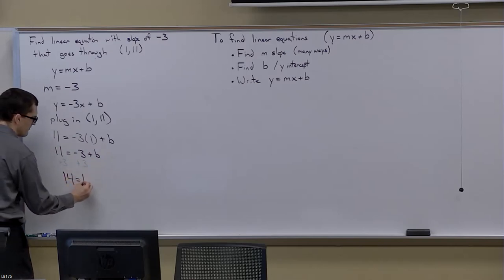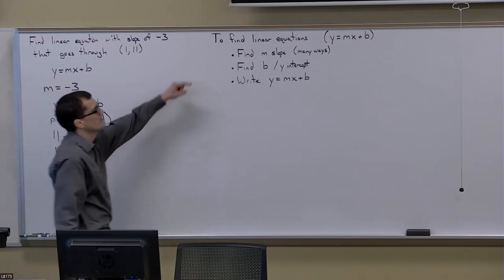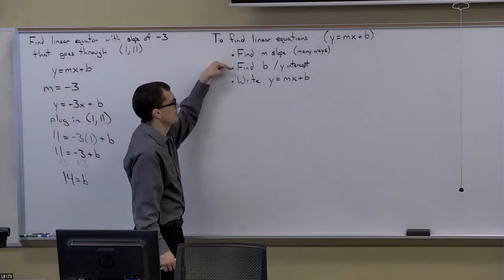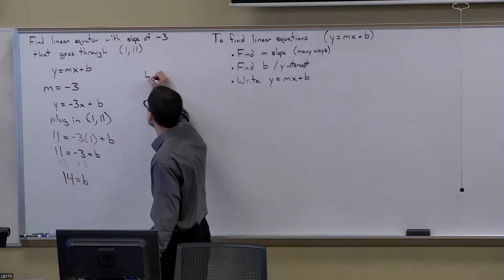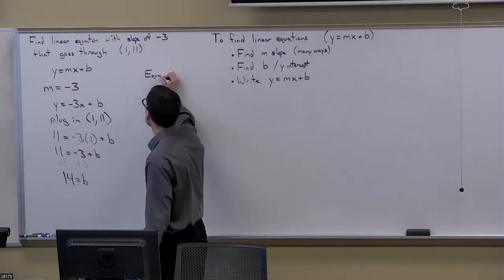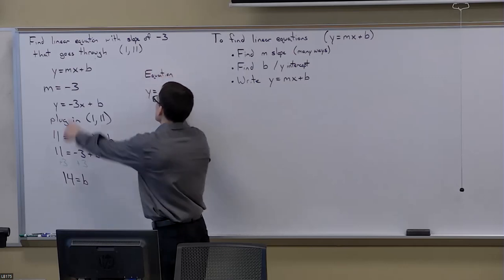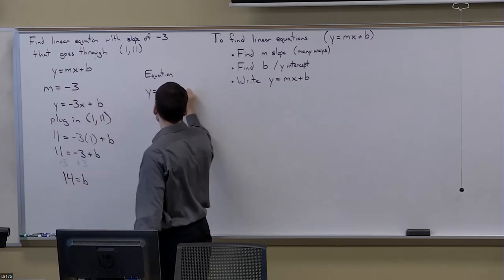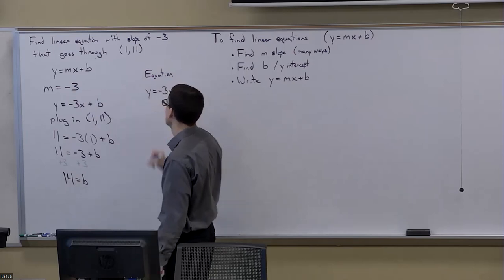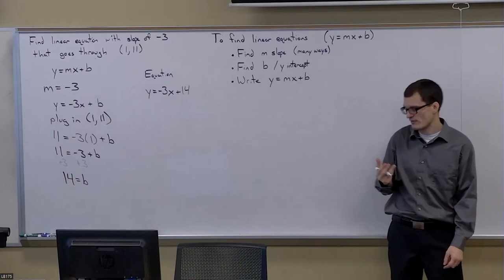And we get a b of 14. So I found the slope, found the b. Last thing I need to do is write the equation. In this case, my equation is y equals -3 times x plus 14. And that's it. That's the whole thing.